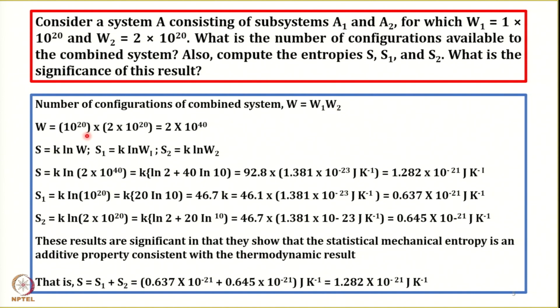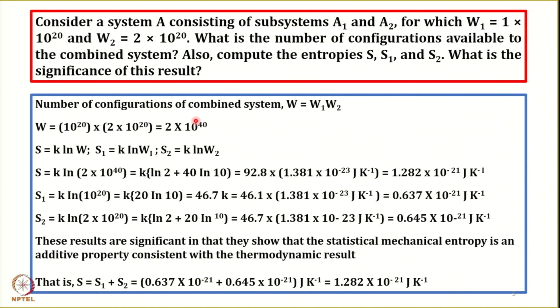W1 is 10 raised to the power 20, that is given to us. W2 is 2 into 10 raised to the power 20. So the number of configurations of the combined system is 2 into 10 raised to the power 40. Right. So, we have now been asked to compute the entropies S.